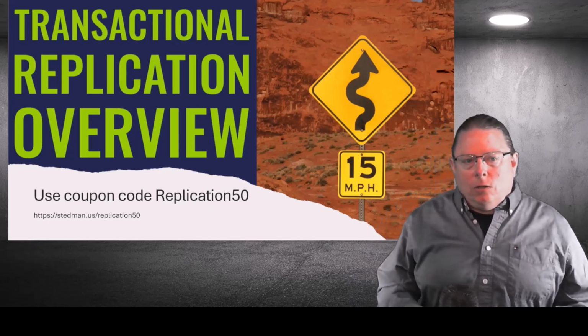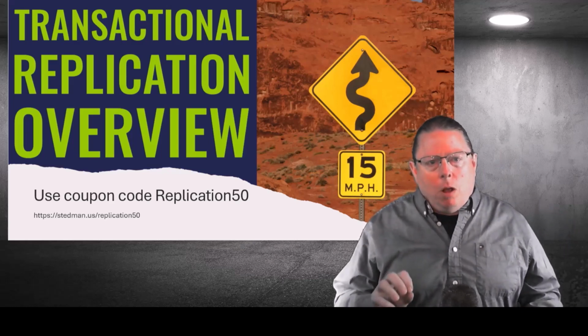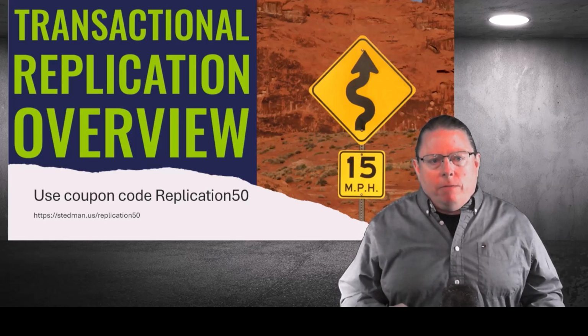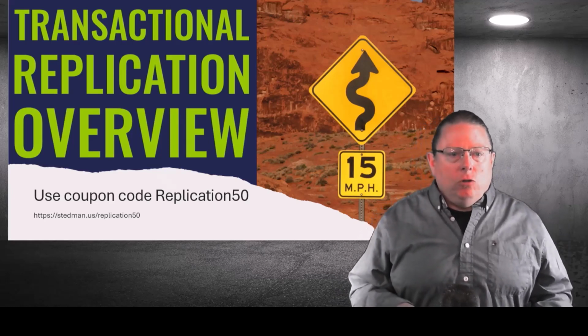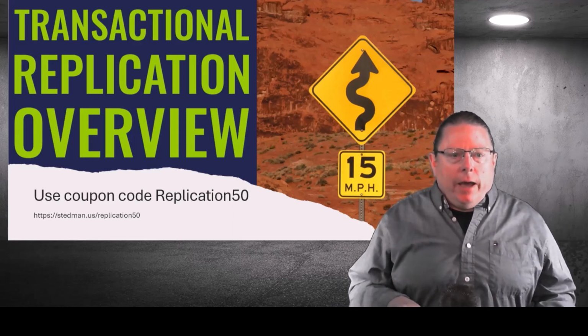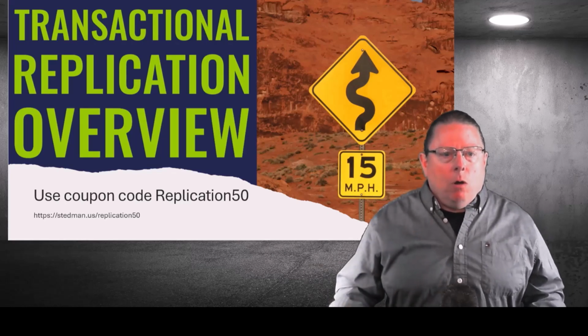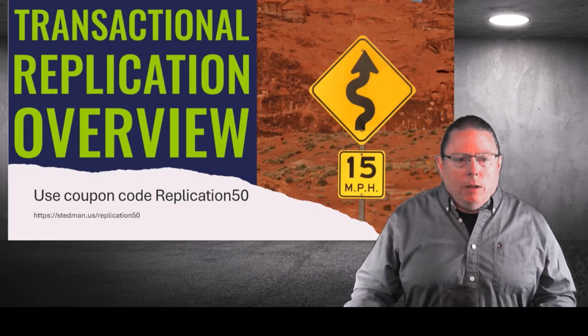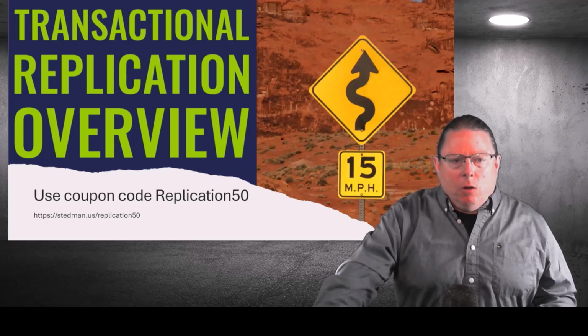But the difference is when snapshot replication is being reinitialized, there's a small window where the data is unavailable because it's being replaced, whereas with transactional replication, that's usually only a small window in the beginning of starting to synchronize that data, and once that data is being synchronized, it's just putting it in row by row into the subscribers at that point. It's a great way to go from a central location out to many different locations, with no data coming back to that center location.